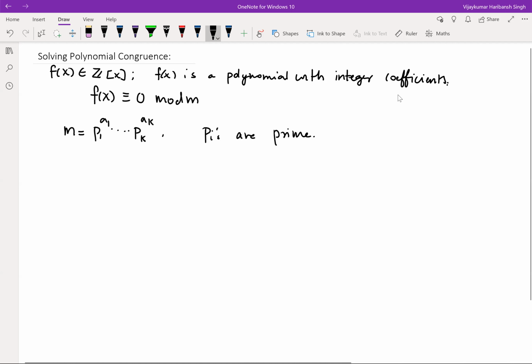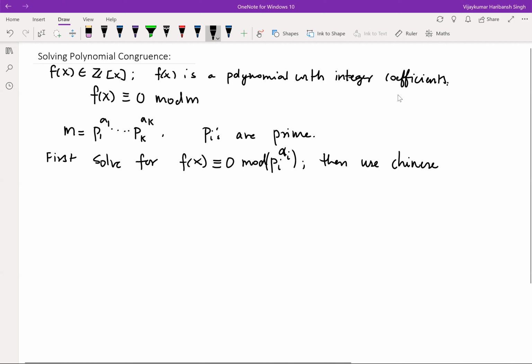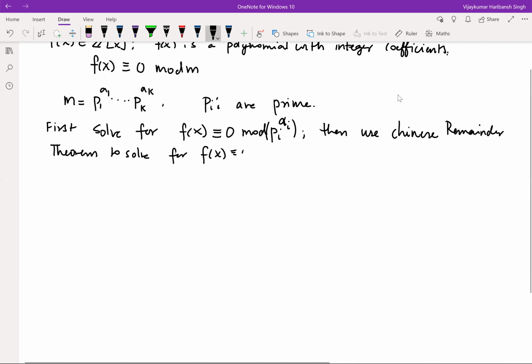The way we'll proceed to solve this problem is, first solve f of x congruent to 0 mod pi to the power ai, and then use Chinese remainder theorem to solve for f of x congruent to 0 mod m.